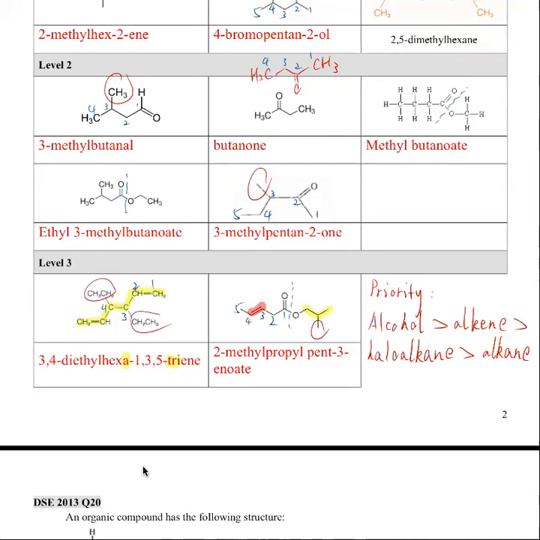Okay, so it's pentanoic acid. Okay, first, but for pentanoic acid, I didn't mention the double bond. Okay, and you can see the double bond. The smallest number for the double bond is that the double bond starts at carbon 3. Okay, so it should be pent-3-enoic acid. Okay, so that's for the acid part.